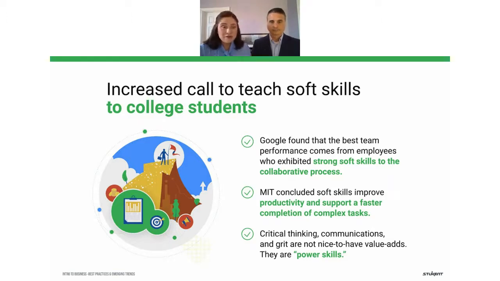Also, a study from MIT concluded that soft skills improve productivity and support a faster completion of complex tasks. And yes, critical thinking, communication, and grit are not just nice-to-have skills. They're not just something to teach if I have time. No, we believe that they are truly power skills, and we need to place an emphasis on teaching them to our students.